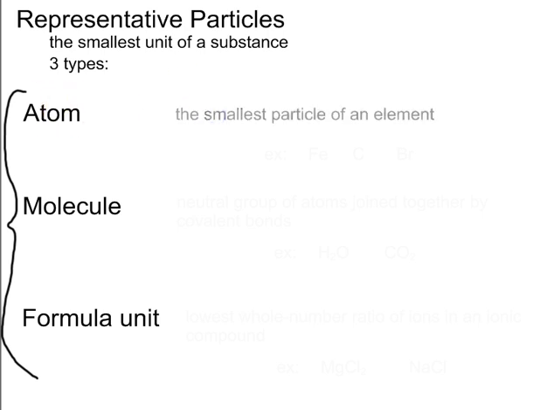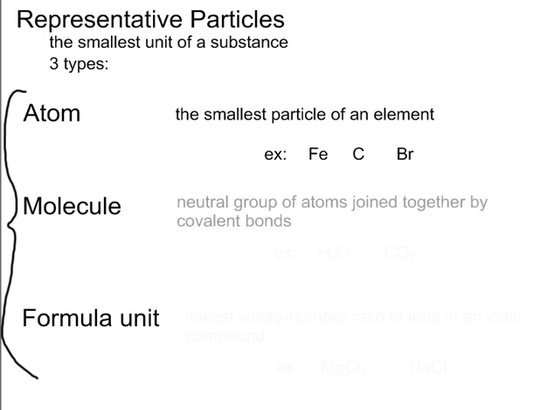An atom is the smallest particle of an element, and you'll be able to recognize it because you will see elemental symbols. So when you see an elemental symbol, you know that the particles you're referring to are atoms of that element. A molecule is defined as a neutral group of atoms joined together by covalent bonds. You'll be able to recognize a molecule when you see the formulas H2O, CO2. These are examples of molecules.